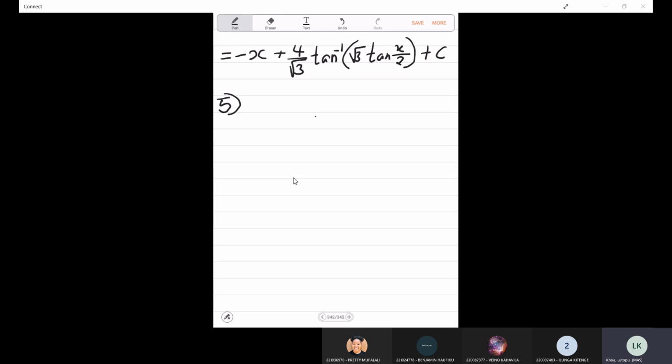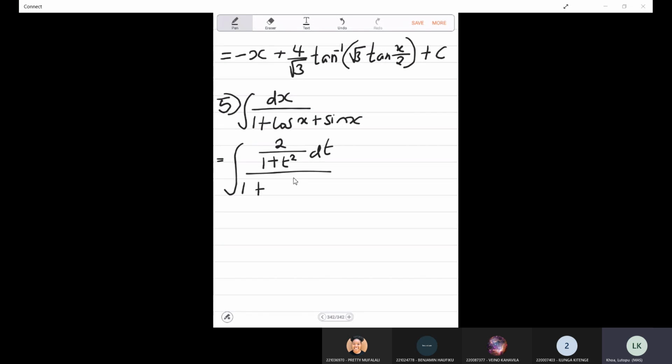We have the integral of dx over 1 plus cos x plus sine x. Again, just direct substitution. The dx, we said that is 2 over 1 plus t squared dt, and then 1 plus cos x, this is 1 minus t squared over 1 plus t squared, and then sine x, this is 2t over 1 plus t squared.